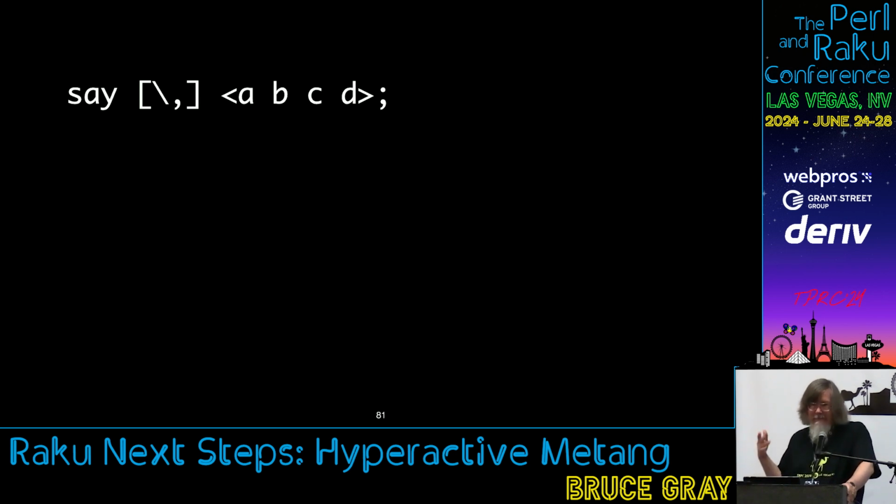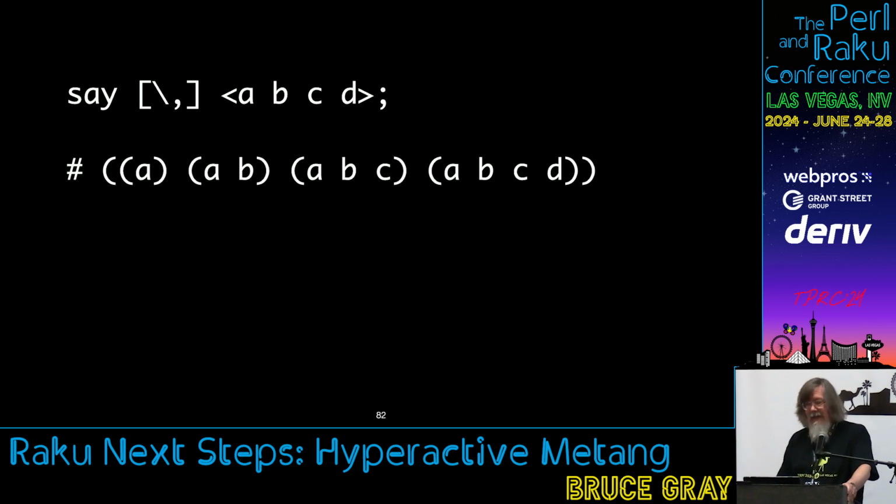An interesting development from that is, you don't think about it, but comma is also an operator. So what is this going to do? It's going to give me A, then A comma B, and then A comma B comma C, and A comma B comma C comma D, which occasionally, if you're doing the weekly challenge, is useful.